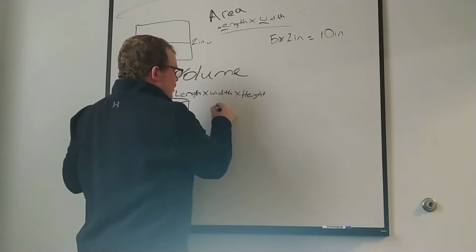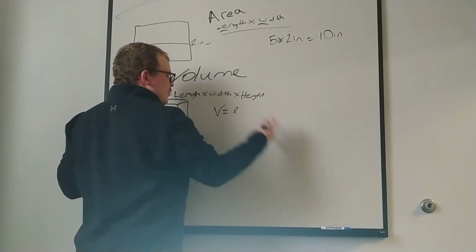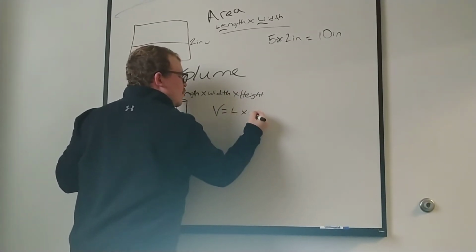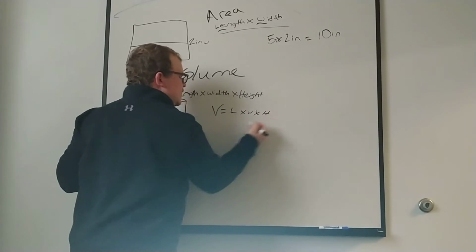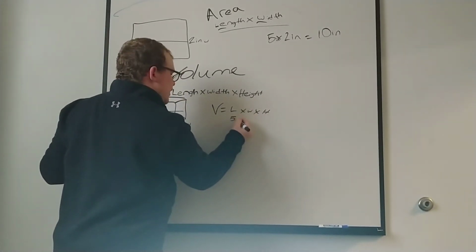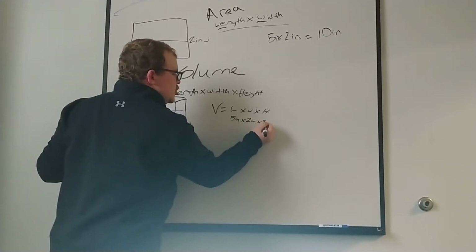So it'd be volume equals length times width times height. So it'd be 5 inches times 2 inches times 2 inches.